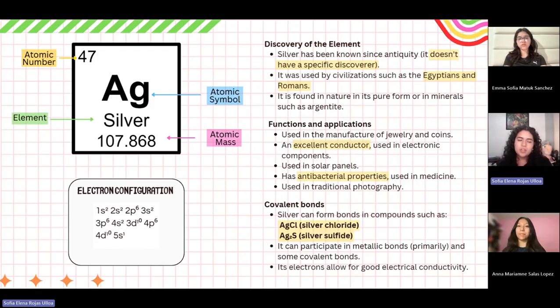Now I'm going to explain the element that I chose, which is silver. The atomic number of silver is 47.